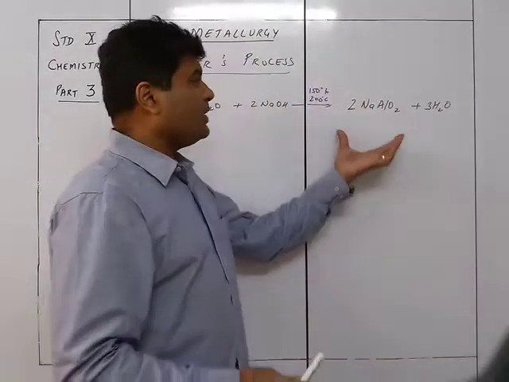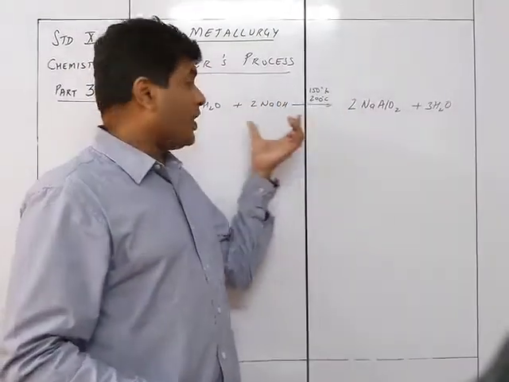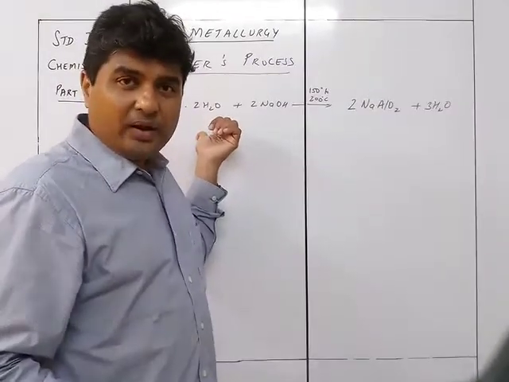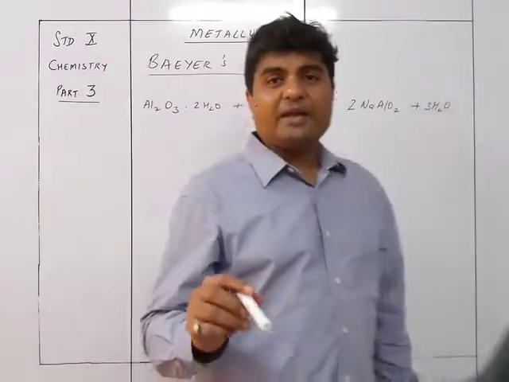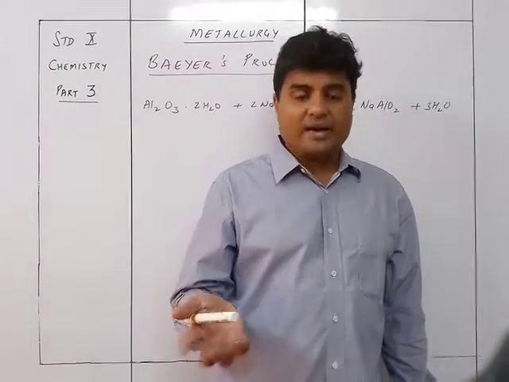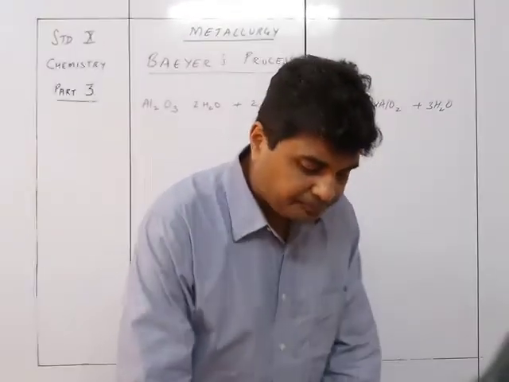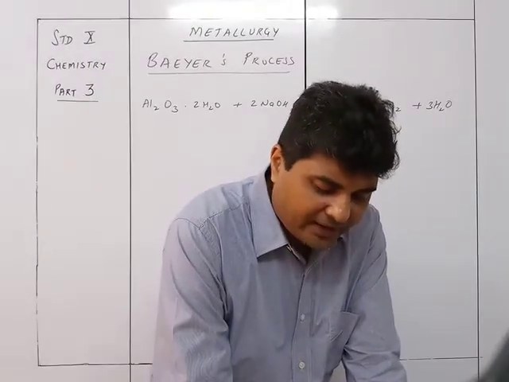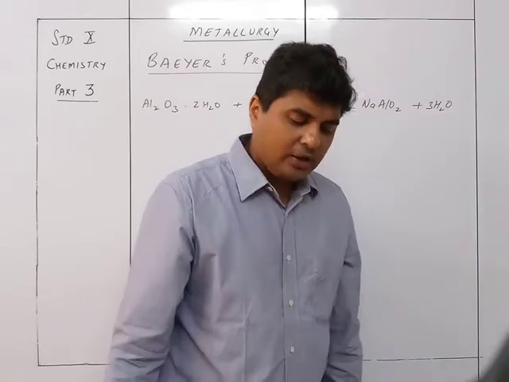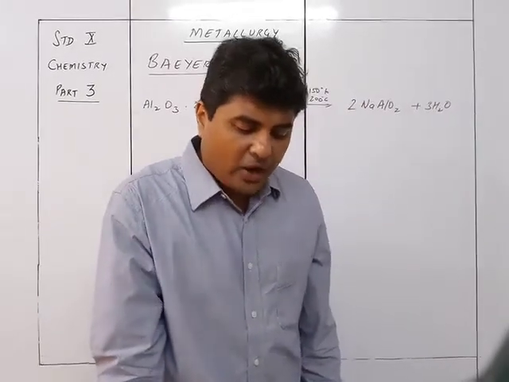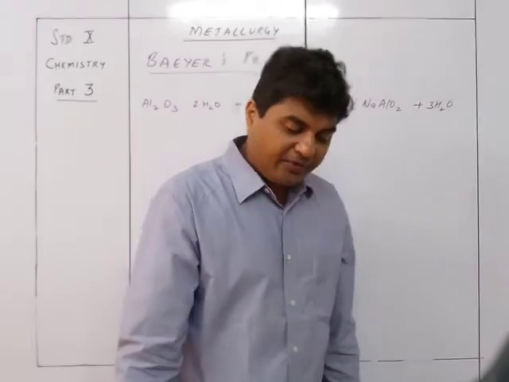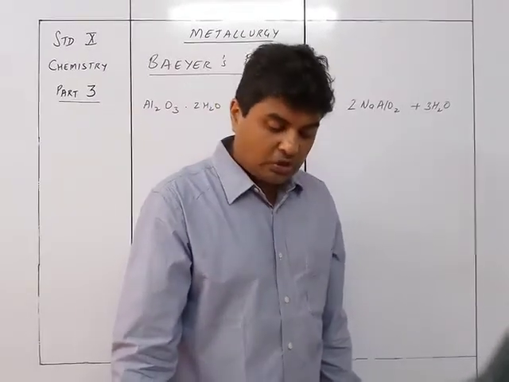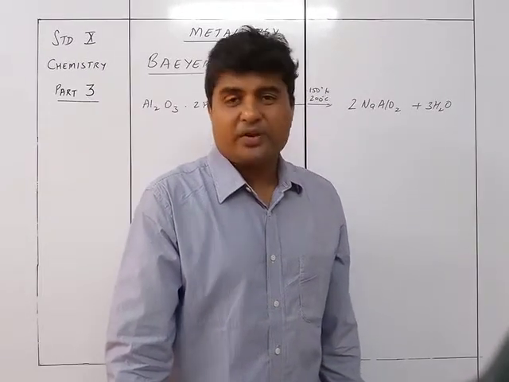So you get a soluble aluminate, whereas the impurities are insoluble and can easily be filtered out. Bauxite, being amphoteric, reacts with the base forming sodium aluminate and water, hence impurities are separated out. Therefore, caustic alkali is used on bauxite ore during its purification.